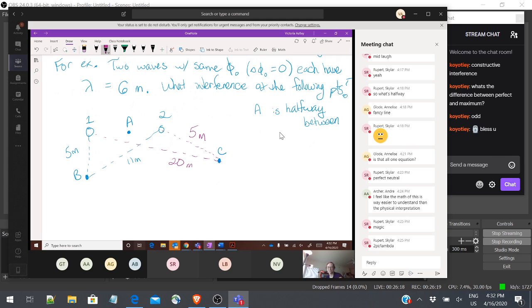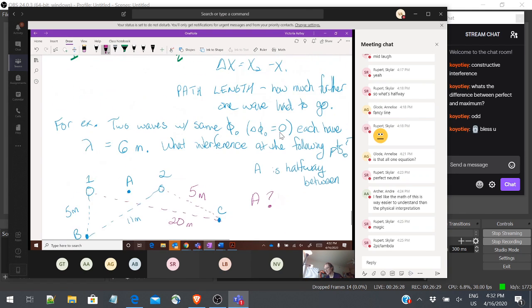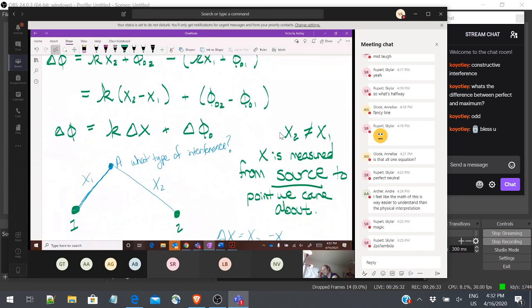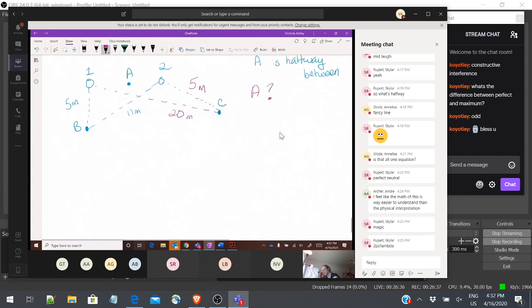Can you tell me what type of interference we have at A? We're going to use this equation, k delta x plus delta phi naught. I'll copy it down here.